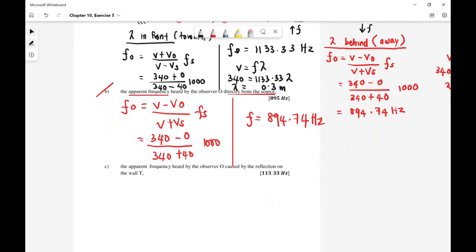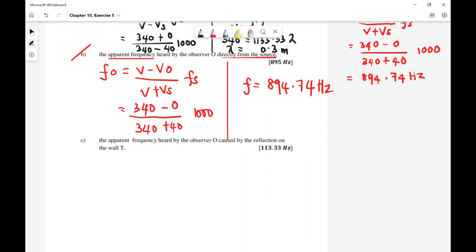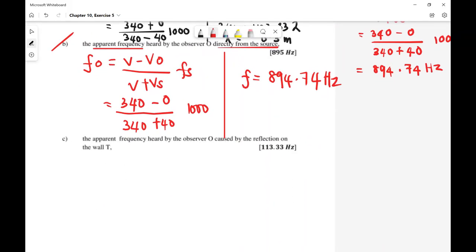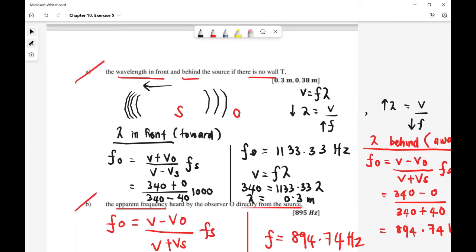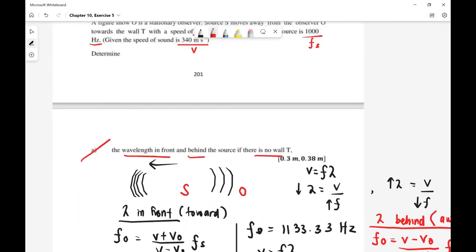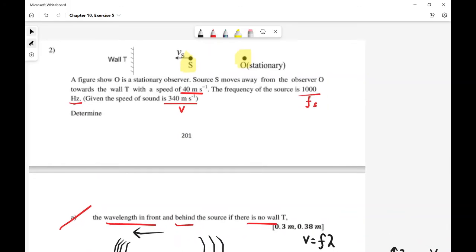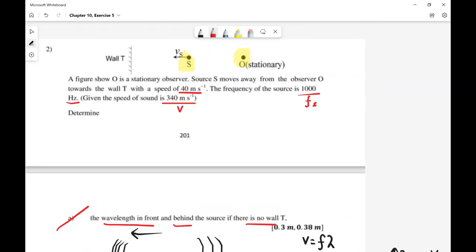And then question C, the apparent frequency heard by the observer caused by the reflection on the wall T. Dalam soalan number 2 ni, kita tengok balik diagram kat atas ni. Dekat depan source ni ada wall. So wall ni juga sebenarnya adalah observer.